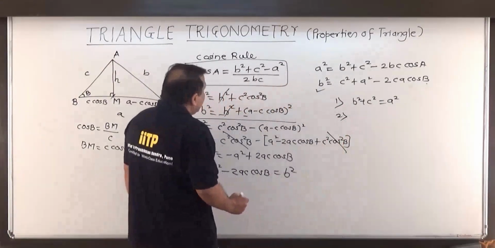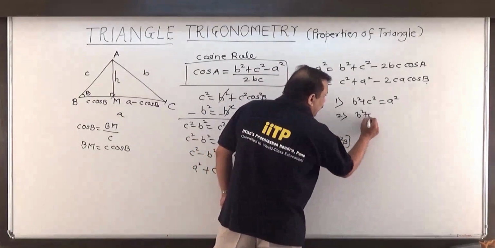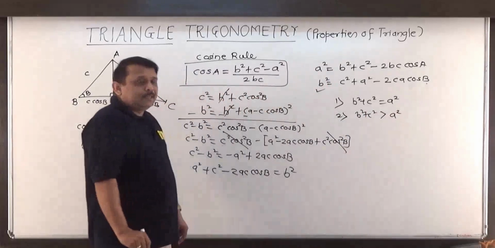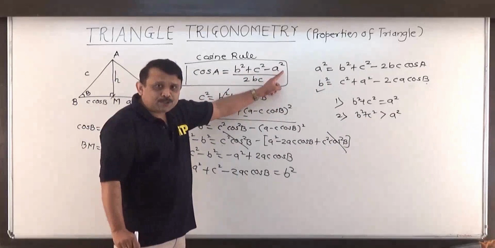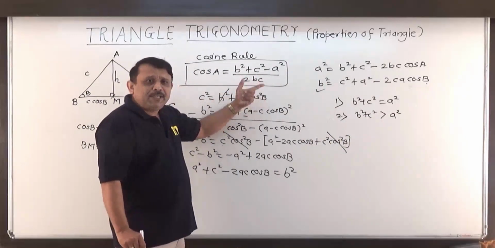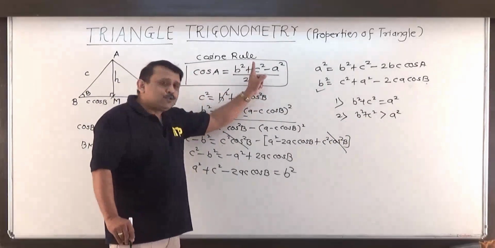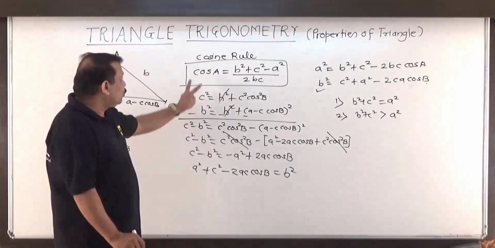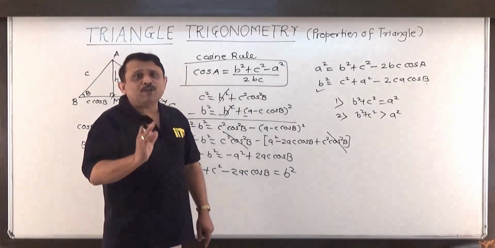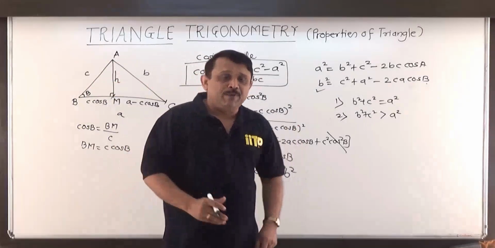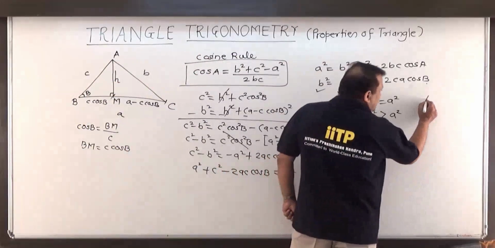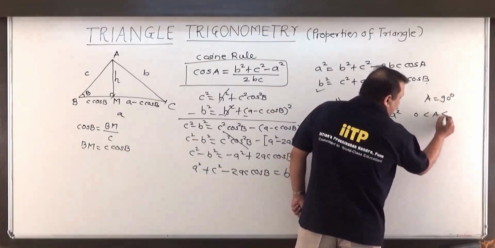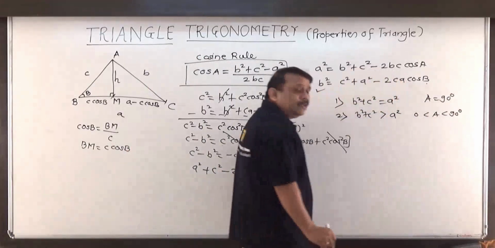Second remark is, if b² + c² is greater than a², then this difference is positive. Already b and c are the sides, so it is positive. So the numerator is positive, the denominator is positive, so the right hand side is positive. Therefore cos A is positive, and if cos A is positive, A has to be acute. In this case, A is in between 0 and 90 degrees.